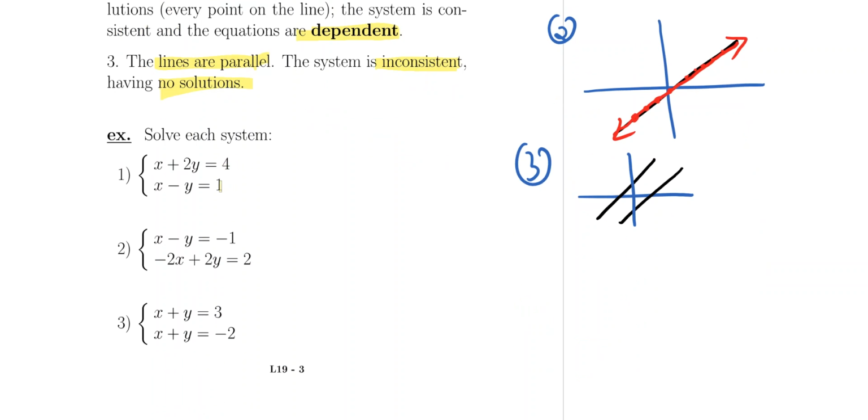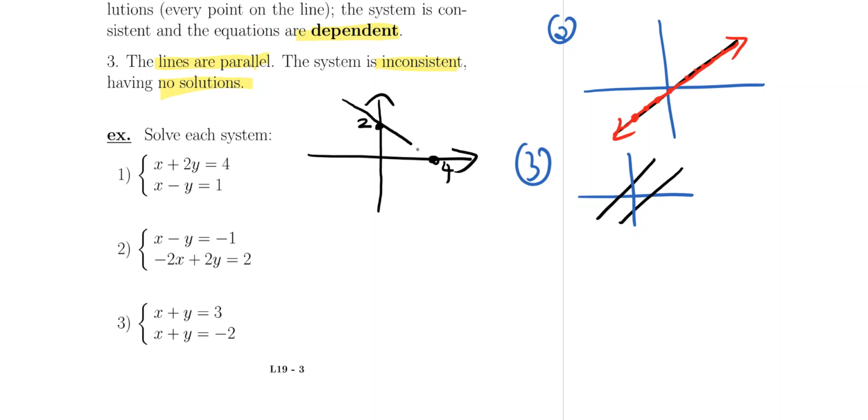So let's do that. Remember, to graph, I'll need 2 points. When x is 0, y is going to be 2. So (0, 2). And then when y is 0, x is 4.